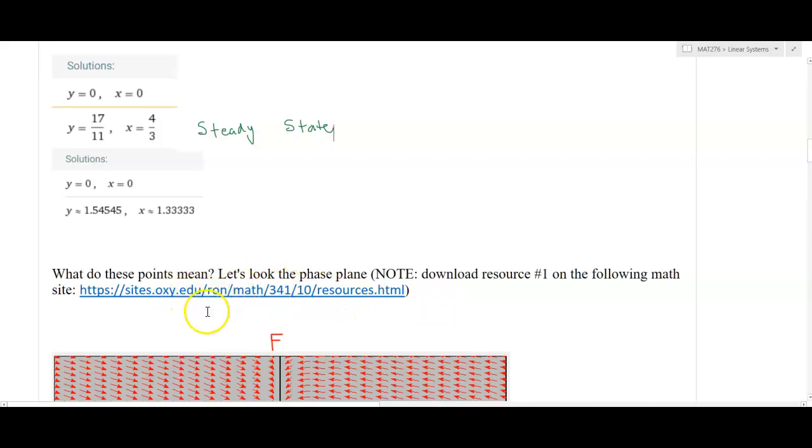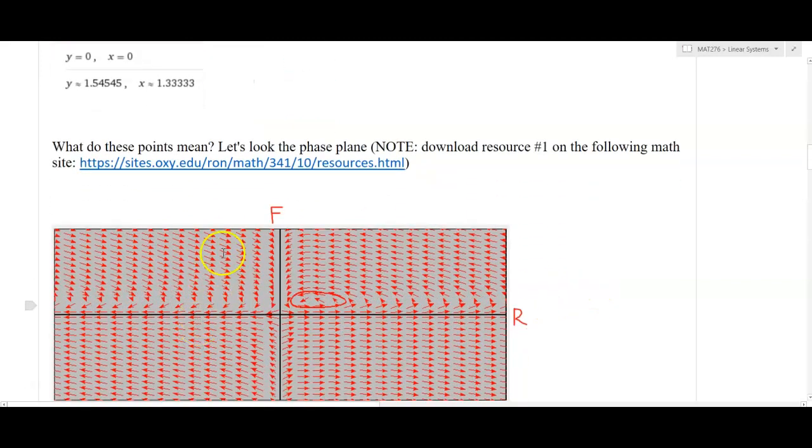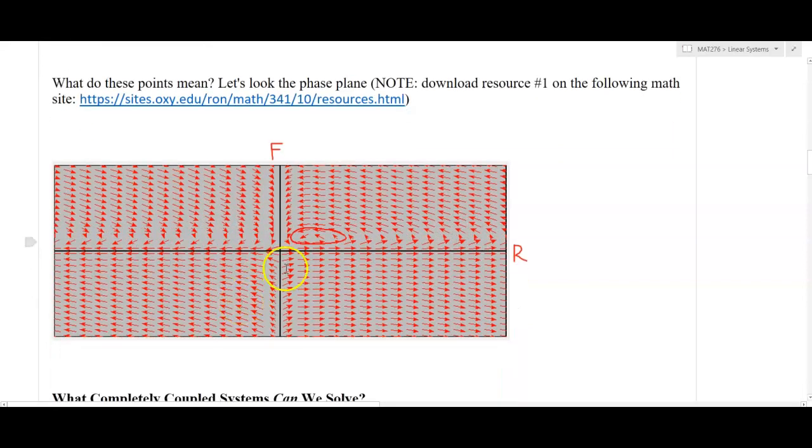If you select resource number 1 on the following link, you'll get a grapher that you can download, and it makes it really simple to graph the phase plane for the system of differential equations. We have the R and the F axes, and at 0, 0 it's a little bit difficult to see, but our equilibrium points include 0, 0.